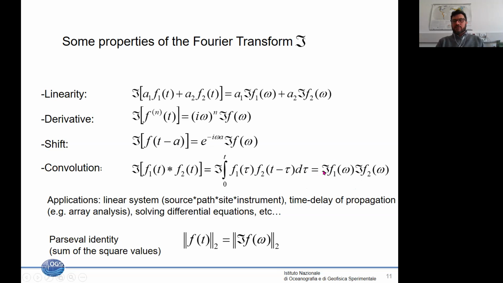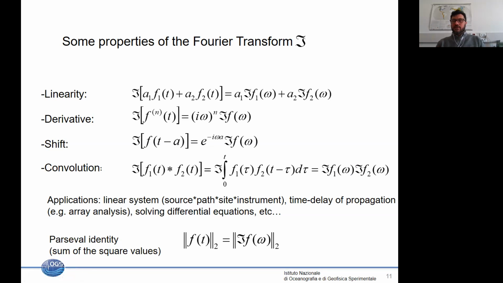And even if we take the logarithm, this can become a linear system of equations. So this will be the summation of the logarithm of the first Fourier transform plus the logarithm of the second Fourier transform. So it's something with which we can deal quite easily.